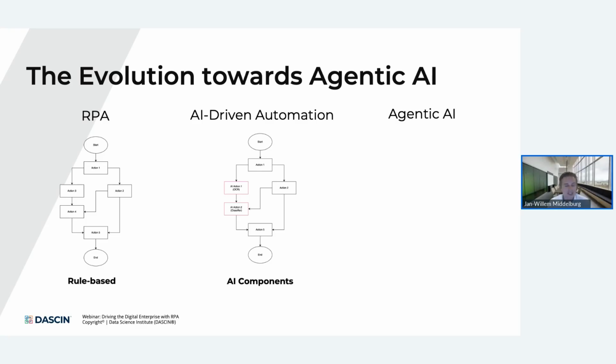One of the most common examples of that is to use scanning approaches like an OCR scanner, or to use a single machine learning algorithm like a classification algorithm in a workflow. Now, the main point of how you can recognize whether something is AI-driven automation or agentic AI is that this is still very much deterministic in nature.